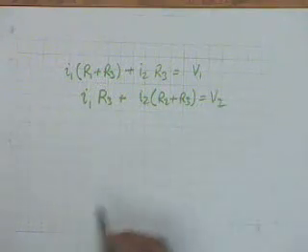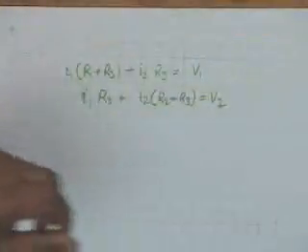Is the point clear? We might in some instances formulate loop currents rather than going through branch currents. So our equations are the two equations, I1 times R1 plus R3 plus I2 R3 is equal to V1, and I1 R3 plus I2 times R2 plus R3 is equal to V2.